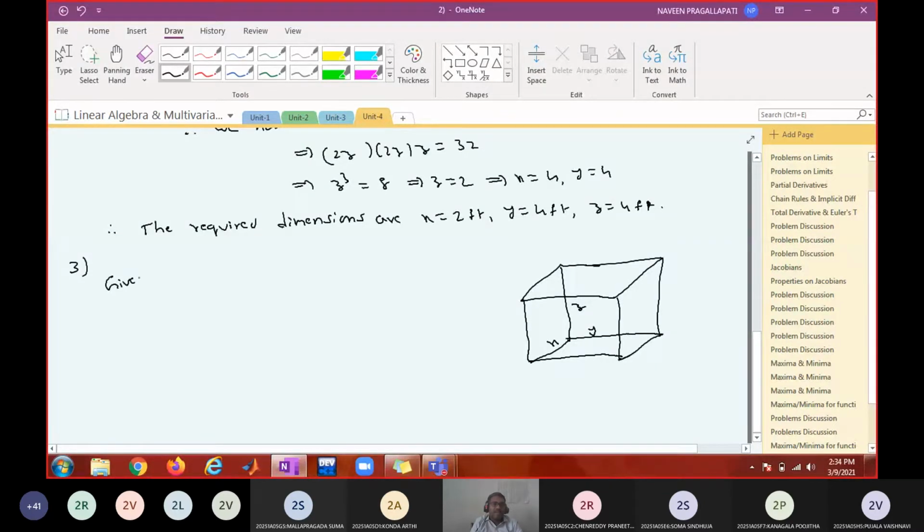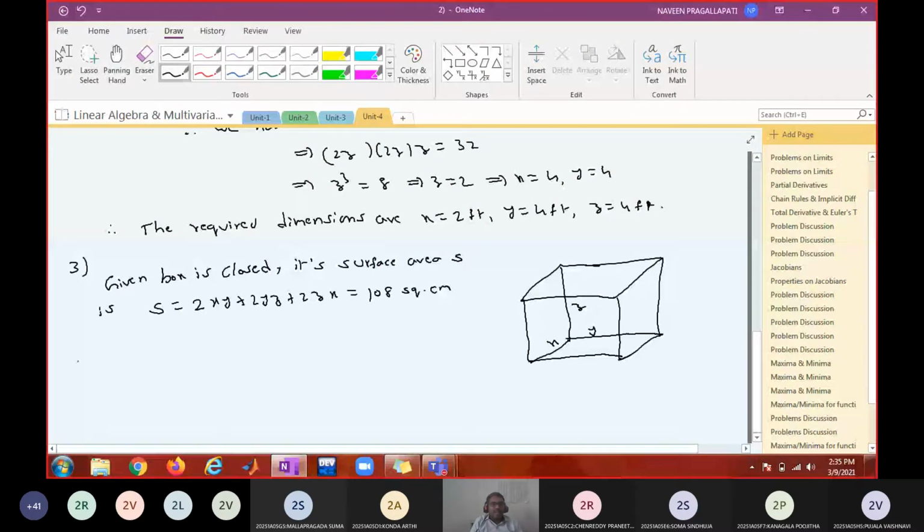Given that the box is closed and its surface area S is given by S equal to 2xy plus 2yz plus 2zx is equal to 108 square centimeters.